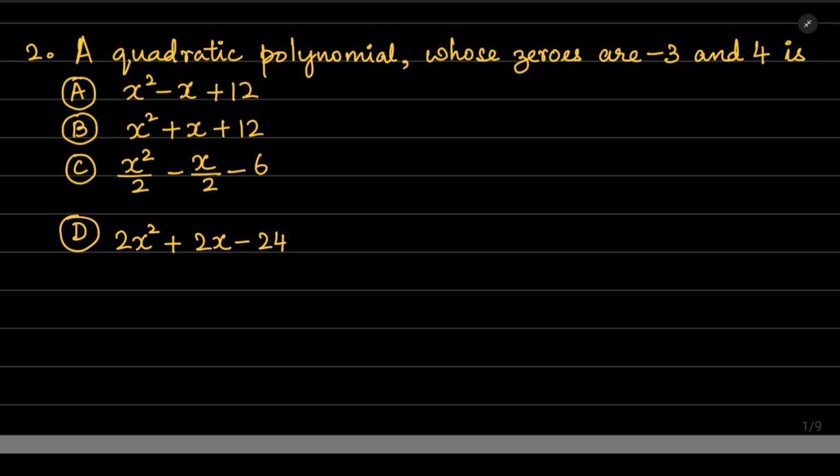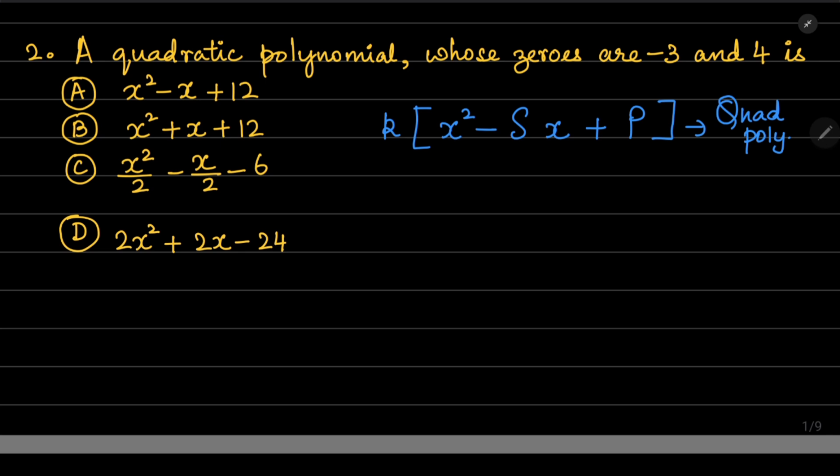Because if we have the sum of the zeros and product of the zeros, we know the formula. What is the formula? k multiplied by x square minus sum of the zeros into x plus product of the zeros. This is your quadratic polynomial which they are asking.